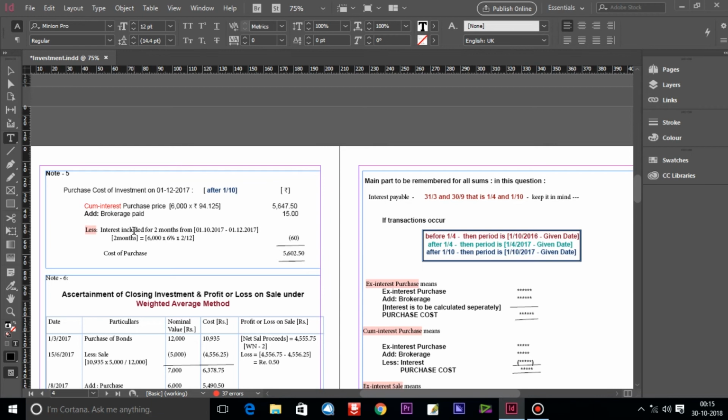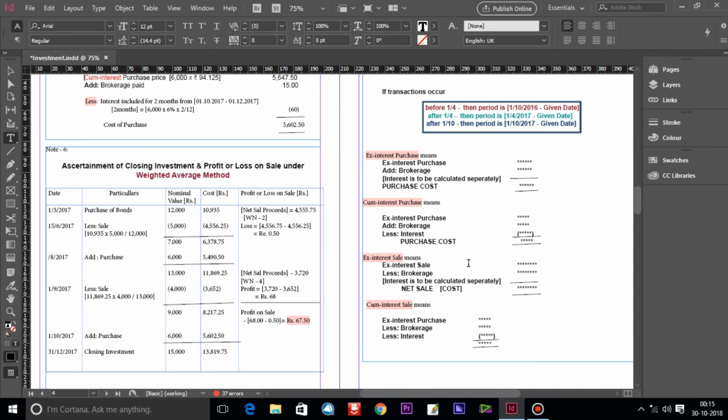Let us see that in case of cum interest, purchase under cum interest, you have to deduct interest amount. We told you early. That formula is being applied here too, and we got interest rupees 60, and put the amount under interest column rupees 60, and 5625 under cost column.